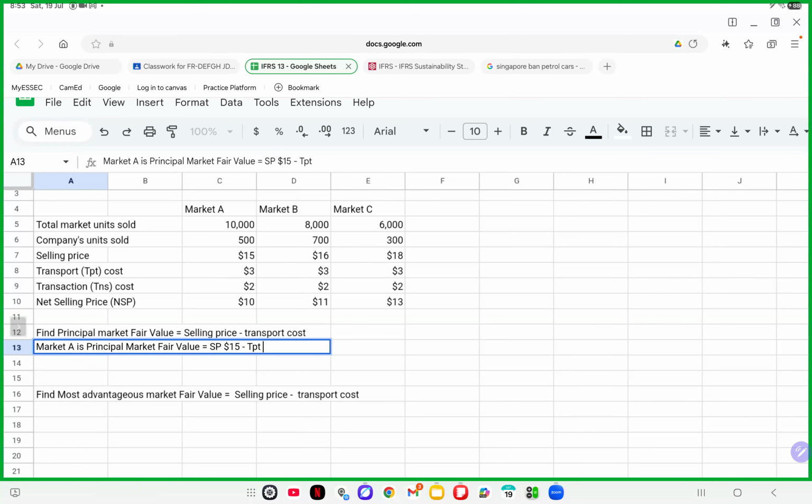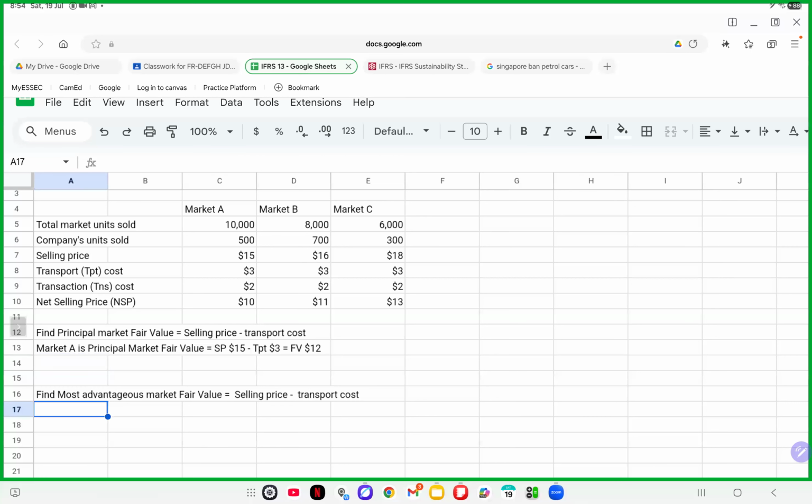The transport cost is $3. So the fair value in the principal market is 15 minus 3, and you get $12. Right? Not so difficult.